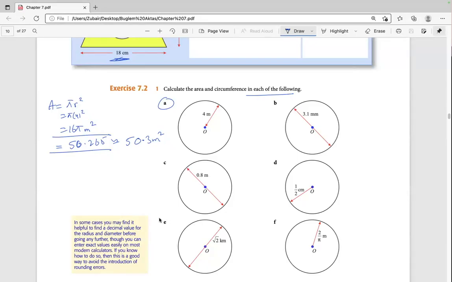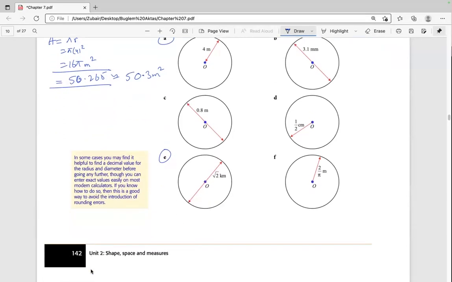Let's try E part, area. Is it going to be left with the pi symbol? For now, I think we should keep it as pi. That would be quick. So 2 pi?